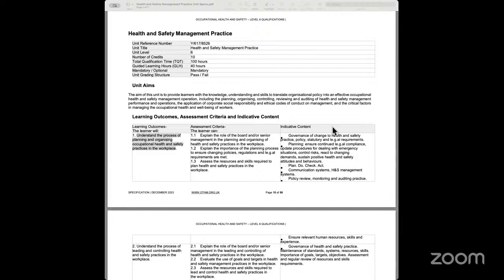This unit will essentially help us lay down a bit of foundation in terms of what is actually covered in the remit or field of occupational health and safety.